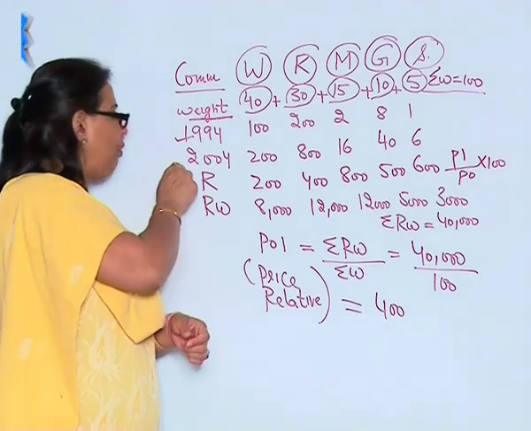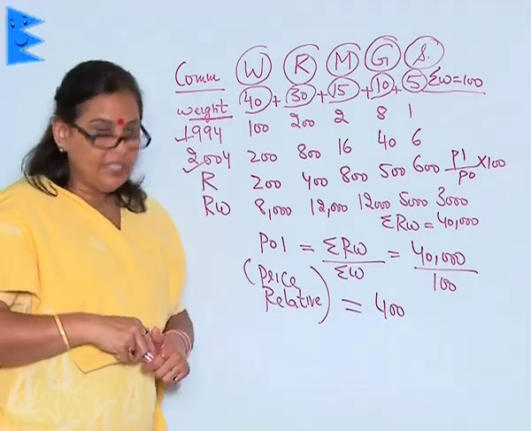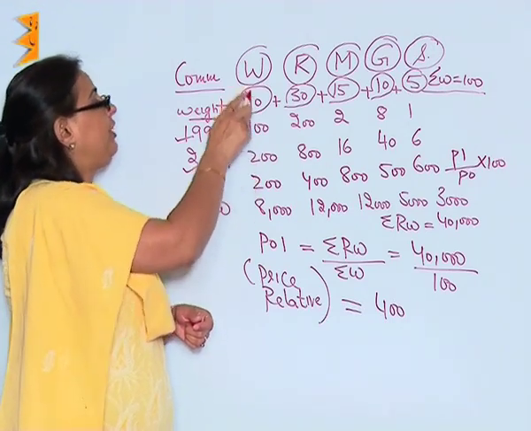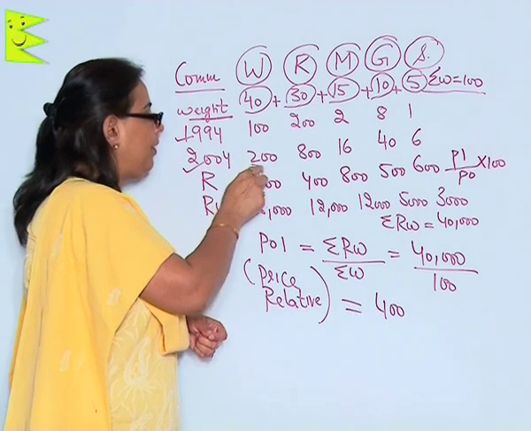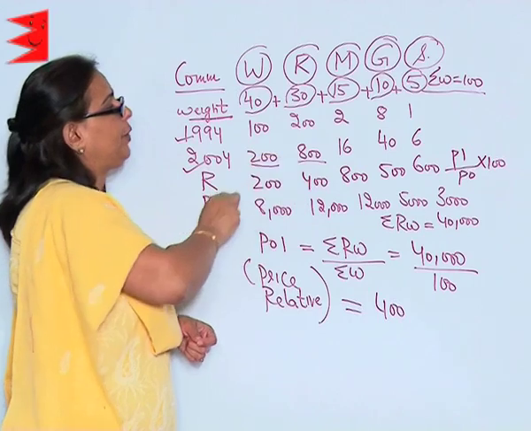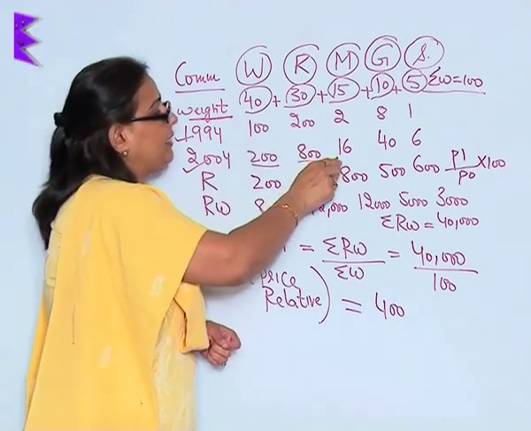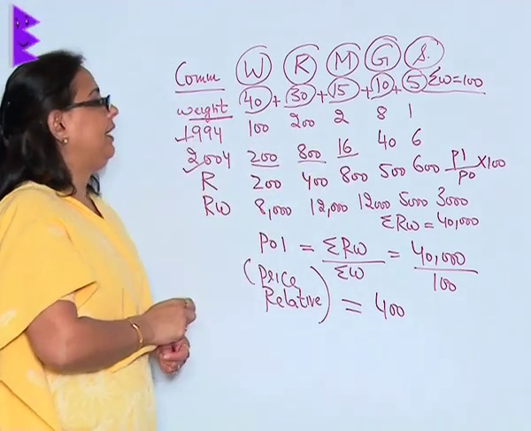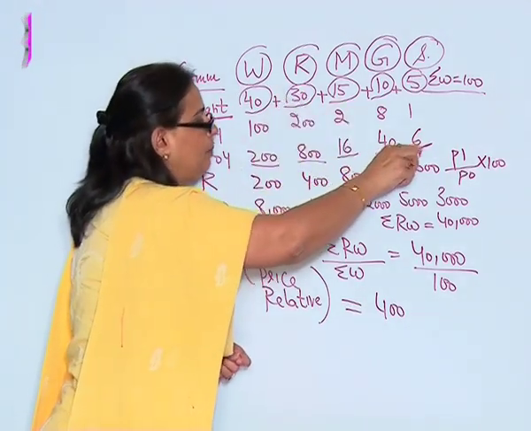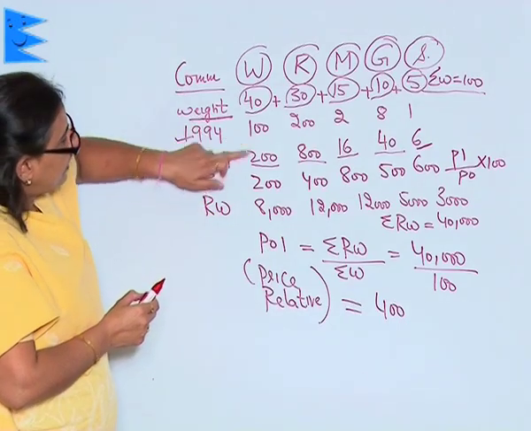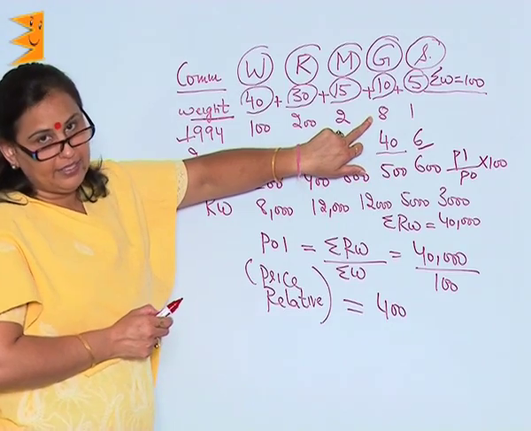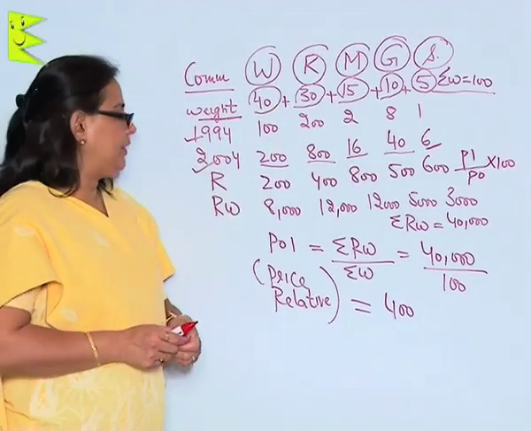In 2004, now the price of the wheat has become 200 rupees a quintal, rice 800 rupees a quintal, milk 16 rupees a liter, ghee 40 rupees a kg, and sugar 6 rupees a kg. This is the difference which has occurred in the price rise of various commodities. This is what they have given to you.